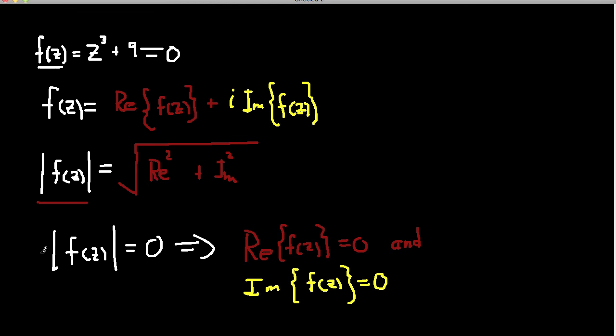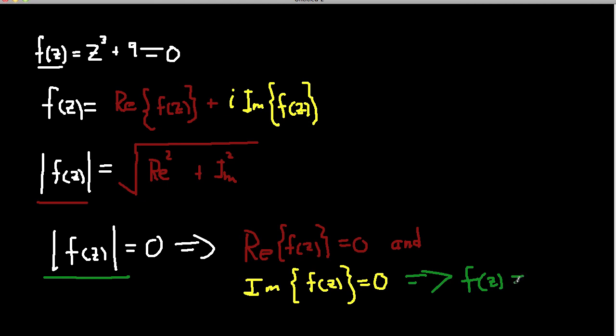So when I look at where this thing is equal to 0, it's telling me where real and imaginary parts, where the entire function is equal to 0. In other words, it's telling me where f of z is equal to 0.